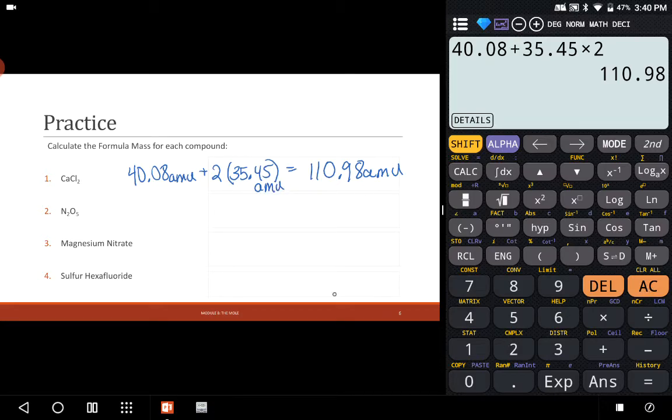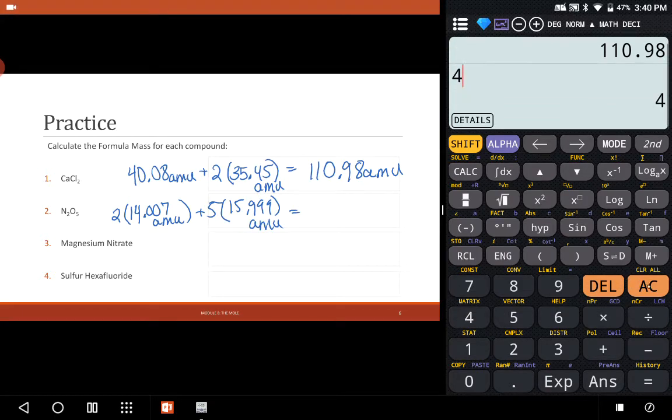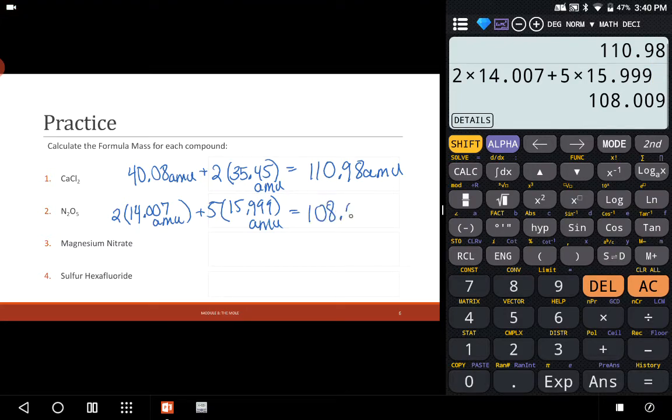Now I can do 2 nitrogens, each nitrogen is 14.007 AMU, and 5 oxygens at 15.999 AMU. That is 2 times 14.007 plus 5 times 15.999, which is 108.009 AMU.